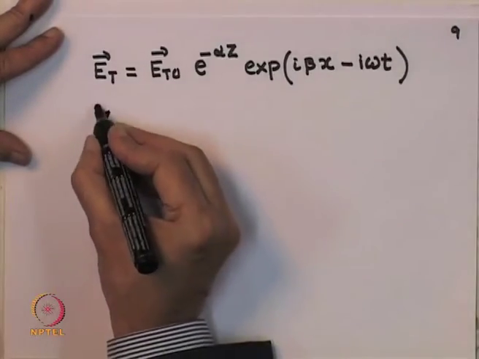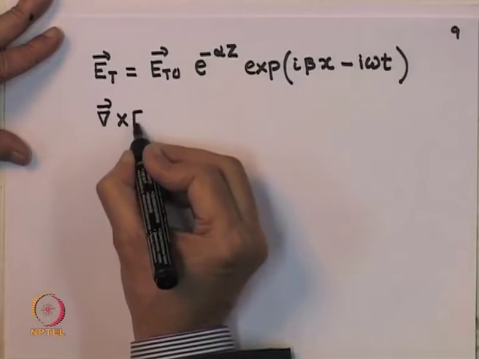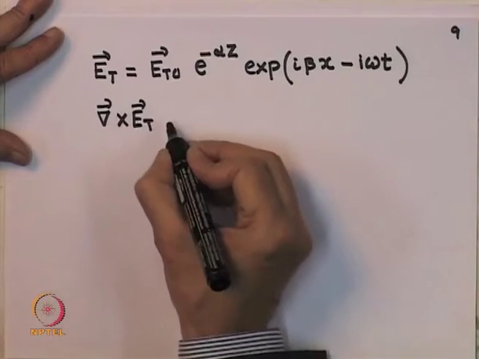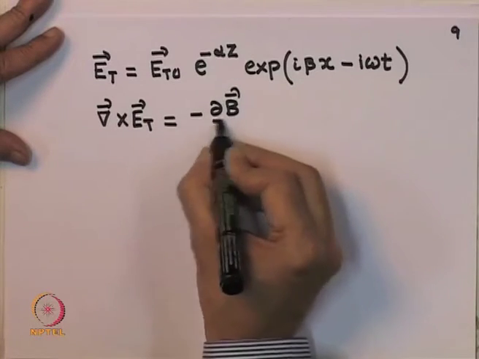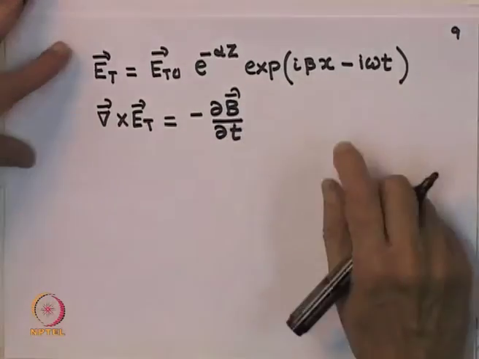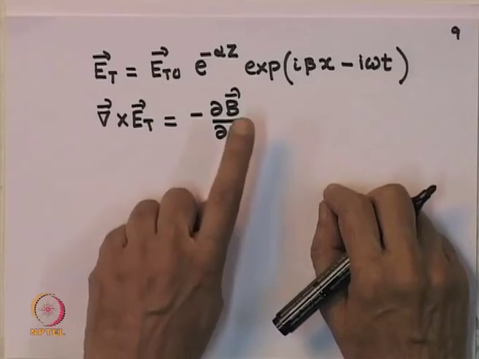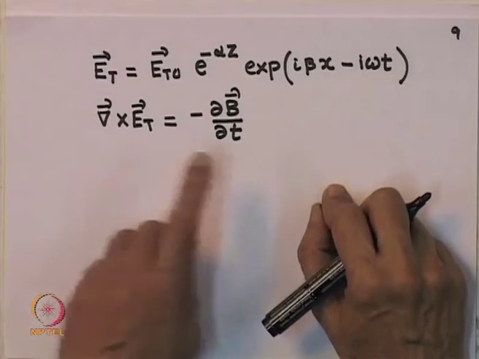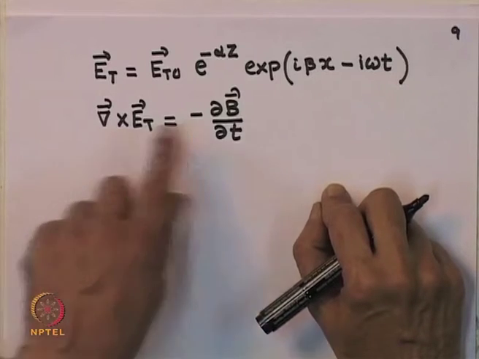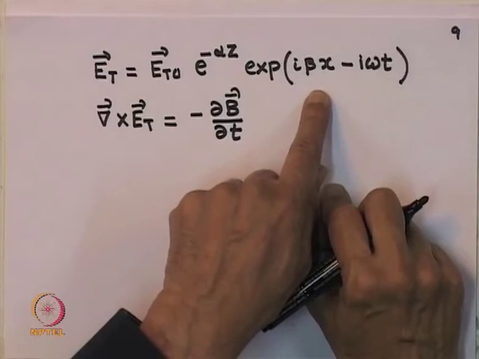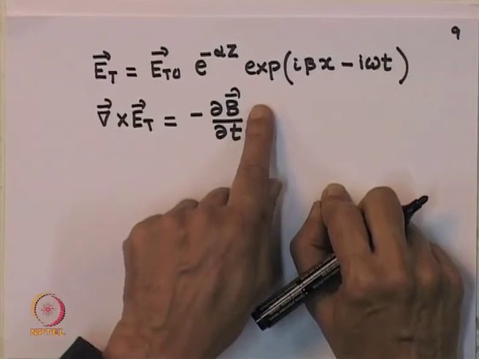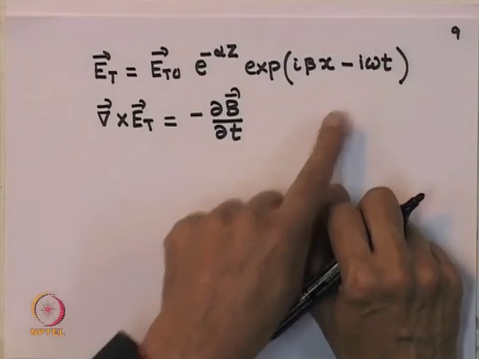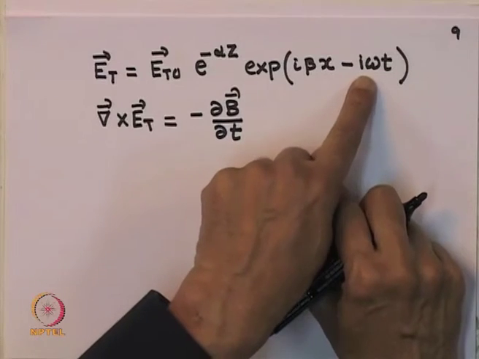So, del cross E, that is my minus dB by dt, which, if you recall, is minus μ0 dH by dt. And remember that when you have an expression like this, dB by dt is nothing but multiplying the things by minus iω.